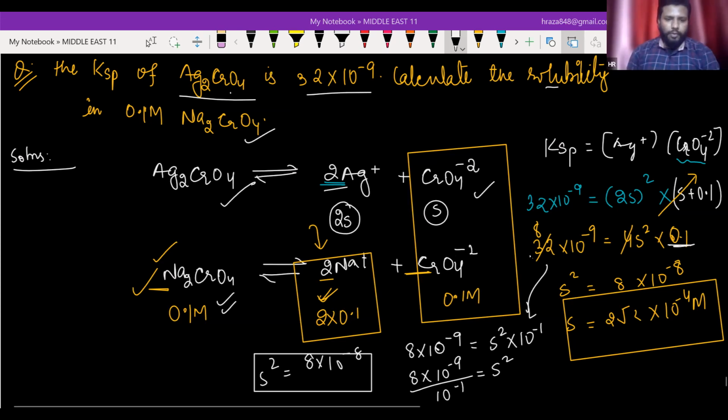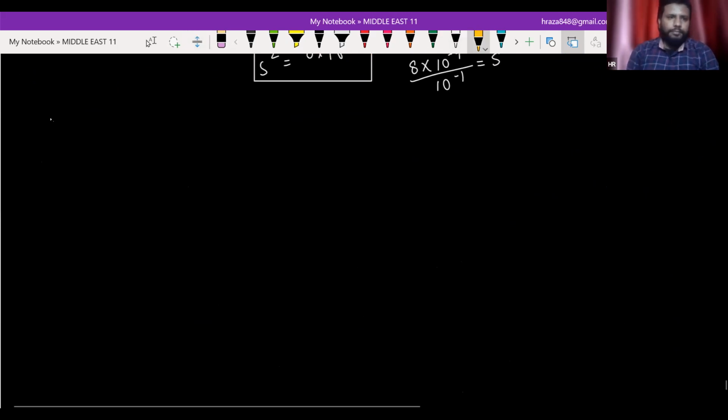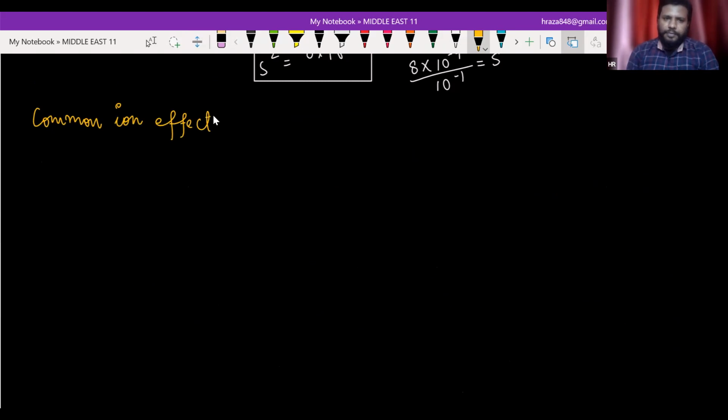I'm going to define common ion, which is very easy. Now you will get everything about common ion. This too is basically an example of common ion. And what is common ion effect? I have already taught you about Le-Chatelier's principle in chemical equilibrium.